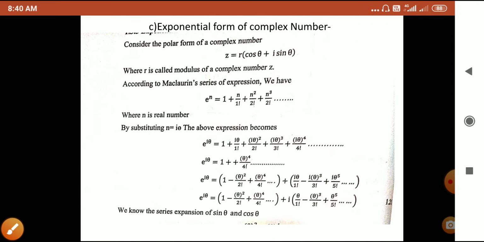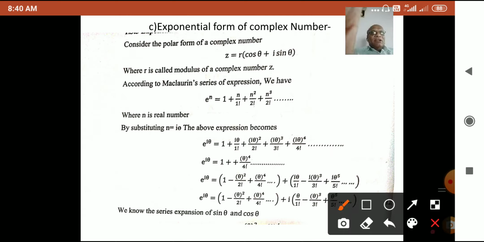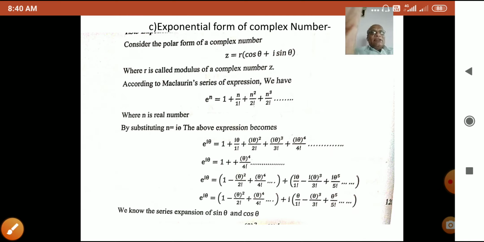Now this series we write further: e raised to i theta is equal to, in the first bracket, 1 minus theta square divided by factorial 2 plus theta raised to 4 divided by factorial 4. Now plus, taking i common in the second bracket, theta divided by factorial 1 minus theta cube divided by factorial 3 plus theta raised to 5 divided by factorial 5 and so on.